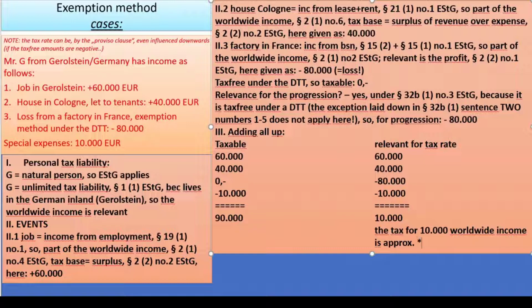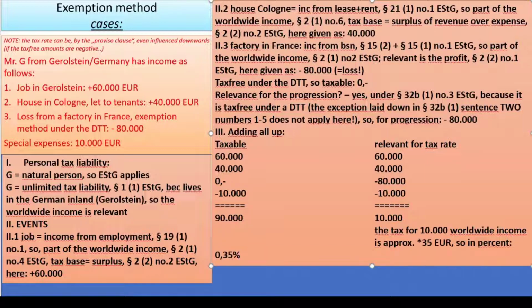approximately 35 euro. So that would be in percent 0.35%.